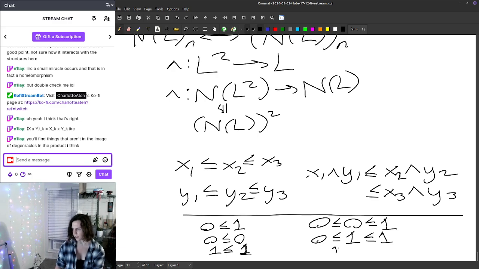This less than or equal to isn't a trivial one, and neither is this one when they're considered together. So I think that's what makes it have things in the image that aren't degeneracies in the product, because you didn't just get this by duplicating whatever is appearing next to it. This is actually different.